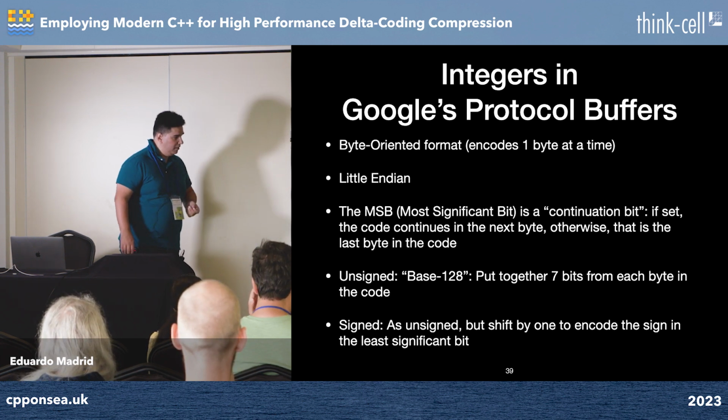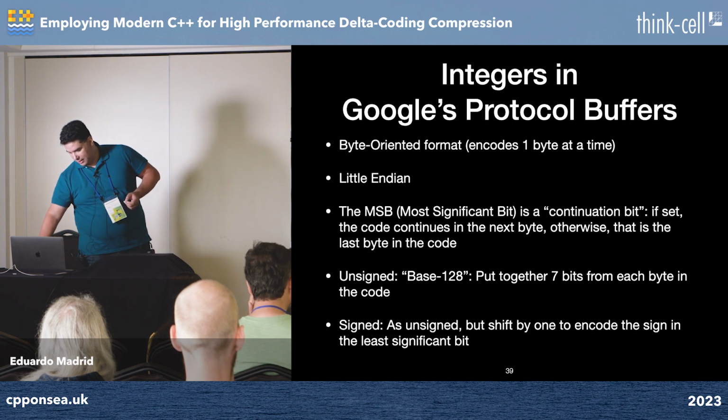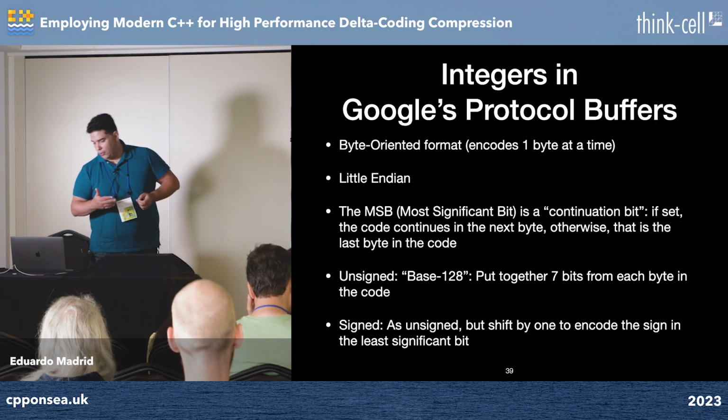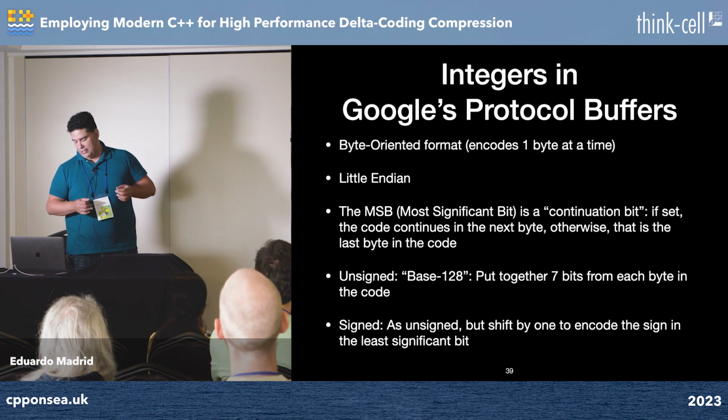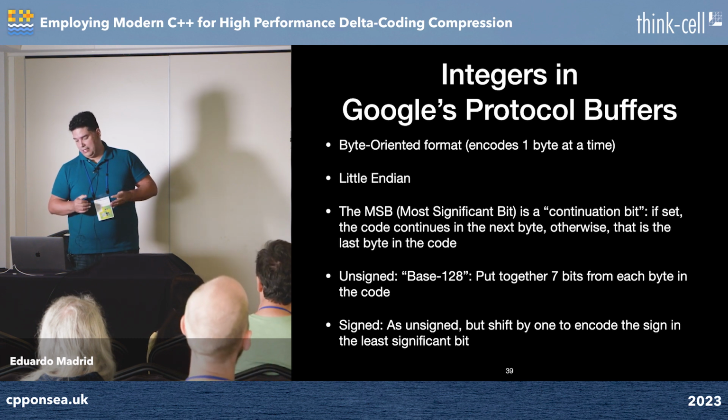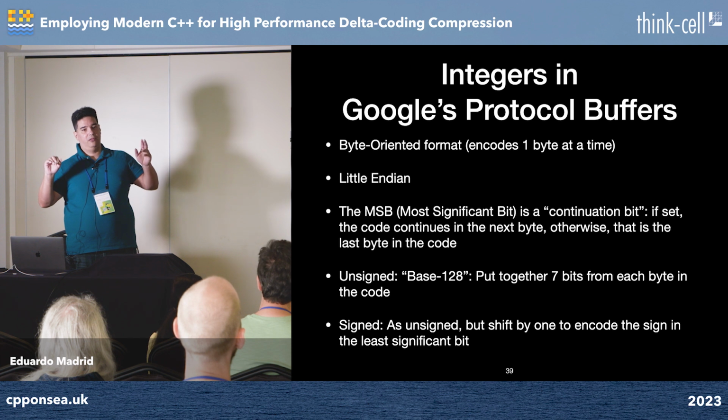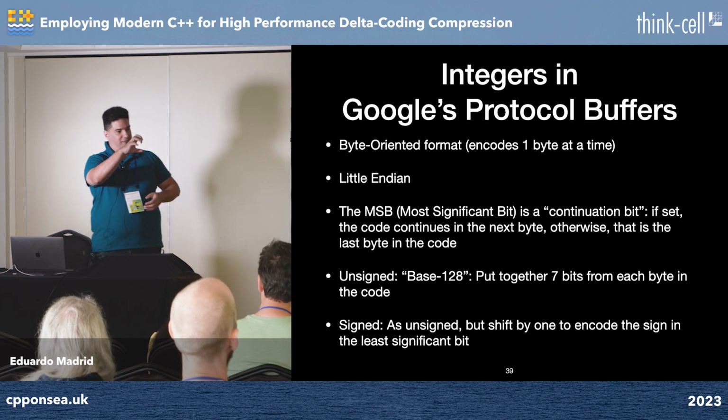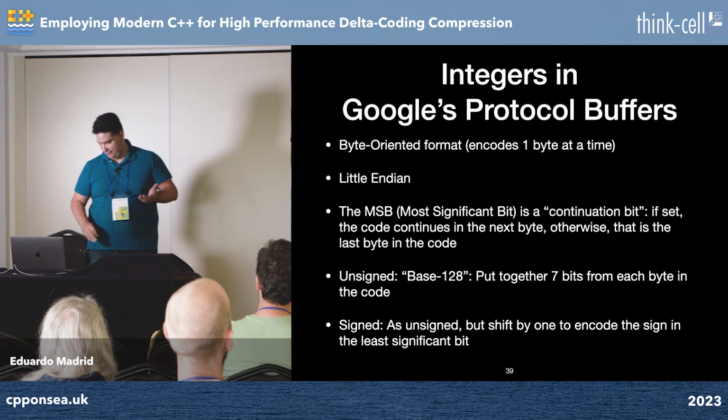Okay, so they call this, in the case of unsigned integers, an encoding on base 128 because you are picking 7 bits at a time, so that is correct.